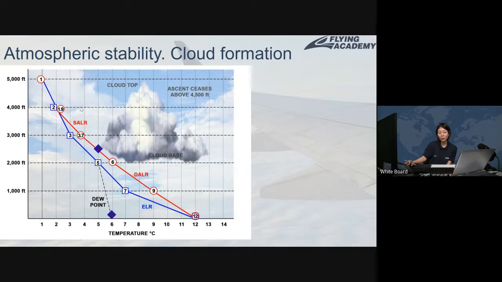However, at this point it cannot go up anymore, because the outside temperature is cooler than this. There is no lift force to push this air parcel up. So around that area the cloud is forming, because it doesn't have any uplift force anymore to go up more. Kind of understand?